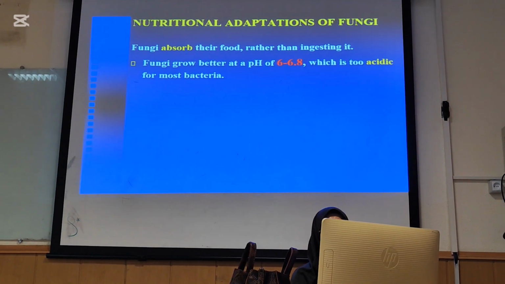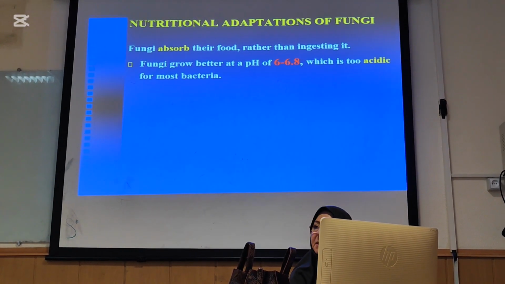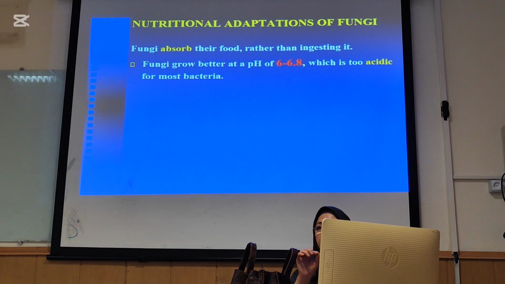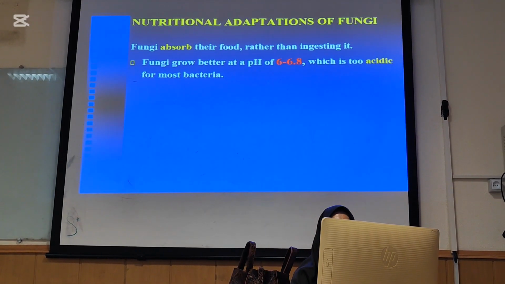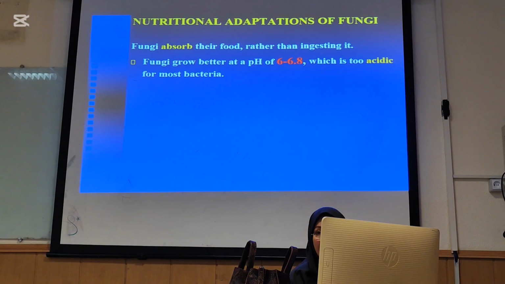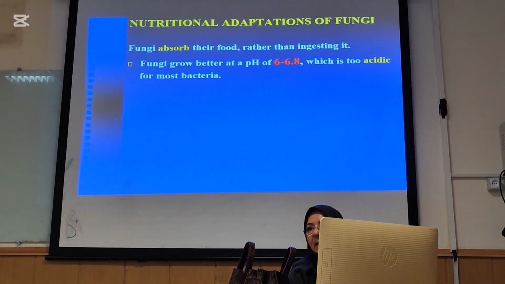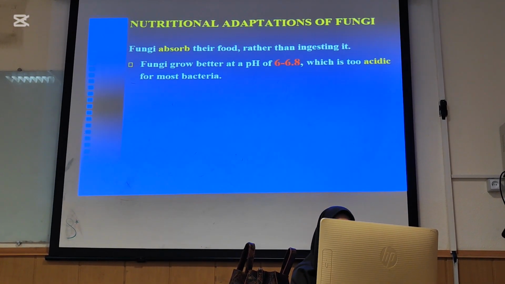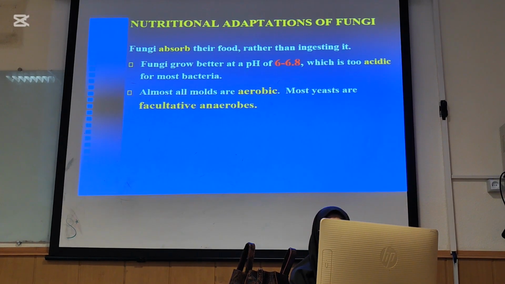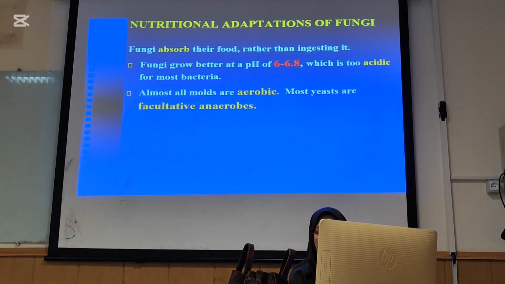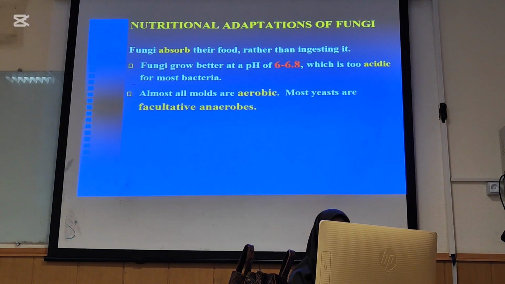Fungi grow better at a pH of 6 up to 6.8, very close to neutral pH, which is too acidic for most bacteria. So the optimum pH for fungi is about 6 up to 6.8.